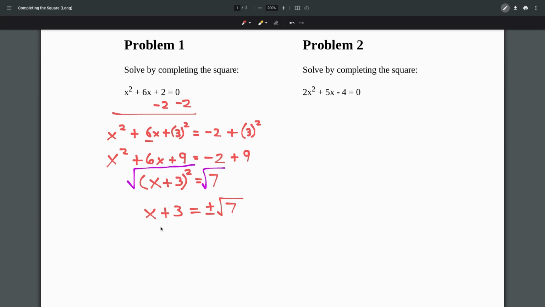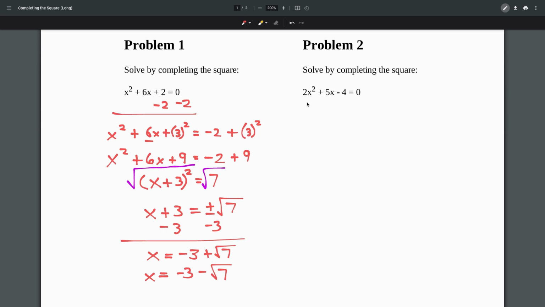We're going to subtract 3 from both sides. And so our two solutions are going to be x equals negative 3 plus the square root of 7, and x equals negative 3 minus the square root of 7. Okay, so we're done with that one.